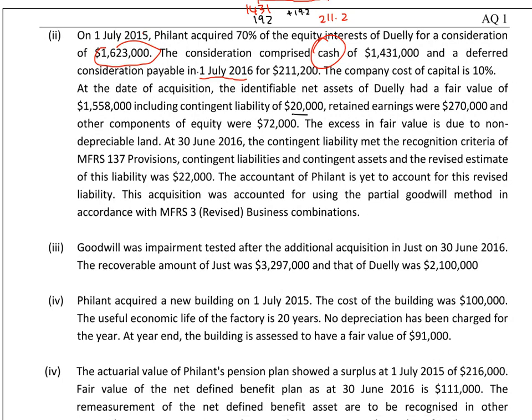Not given. Partial goodwill. Oh, partial goodwill. So the partial goodwill, it's no longer valid. Right? This is 151 times 20%. Partial goodwill 47.4, and whatever is the goodwill.